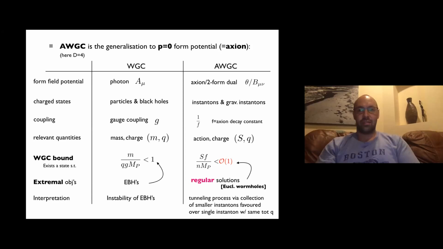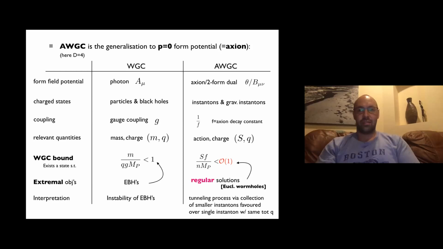So what's the weak gravity conjecture bound translated to? Before, it needed to exist a state such that the charge to mass ratio is bigger than 1, or the mass to charge ratio is smaller than 1, where 1 is the mass to charge ratio of the extremal objects, which are extremal black holes.